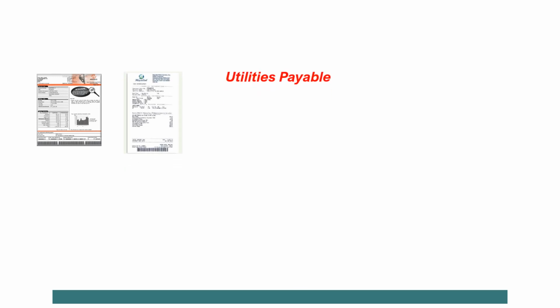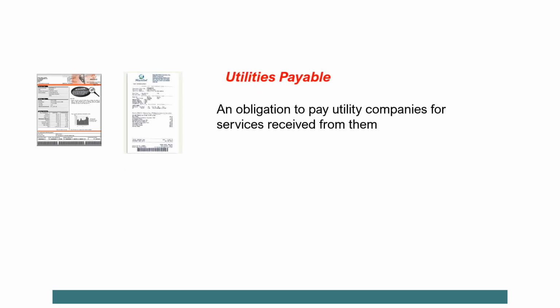What else? We also have utilities payable, an obligation to pay utilities for services received from them. Example, the electric bill, the utilities companies providing electricity, so you have payables to them.